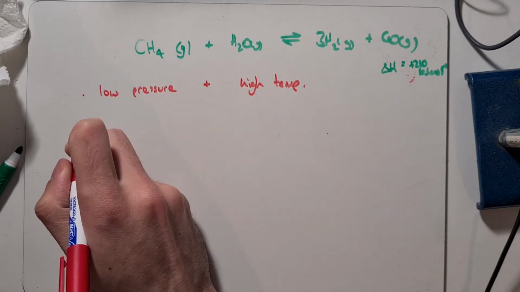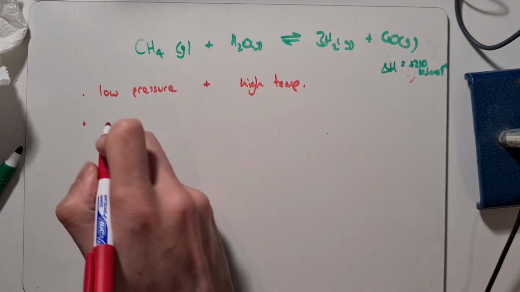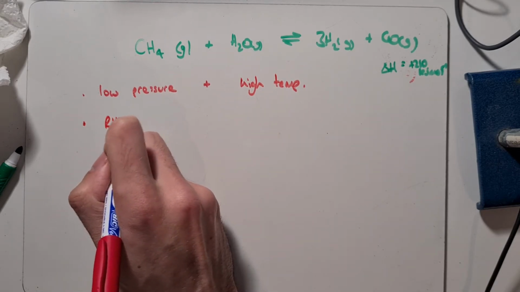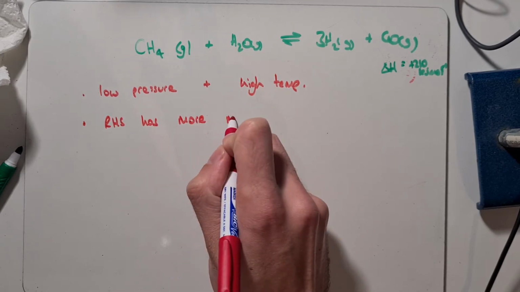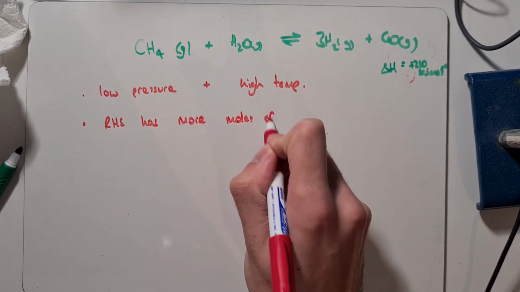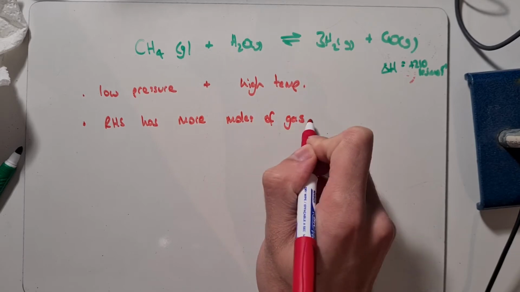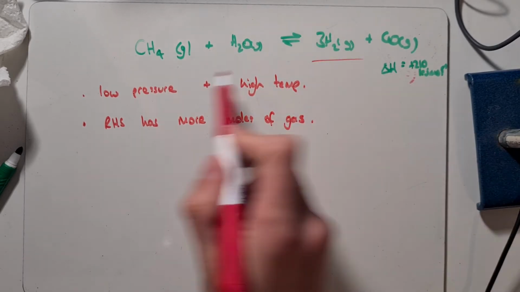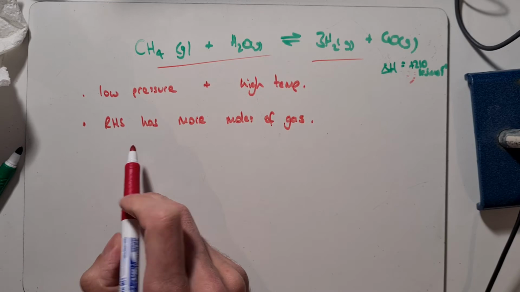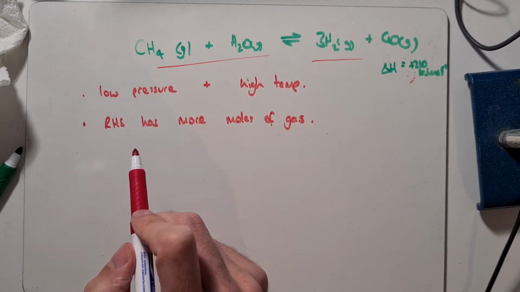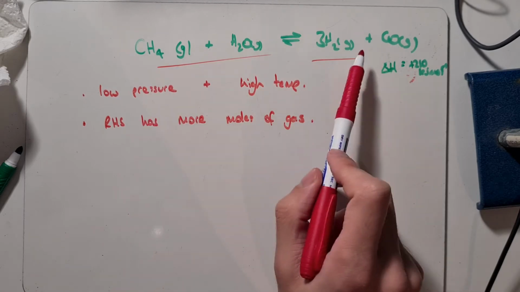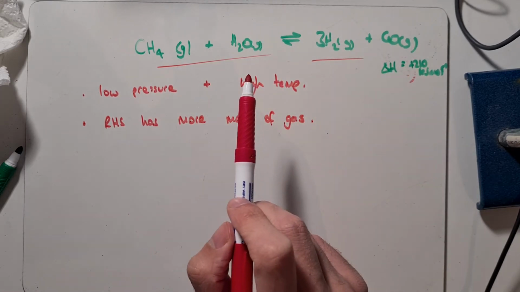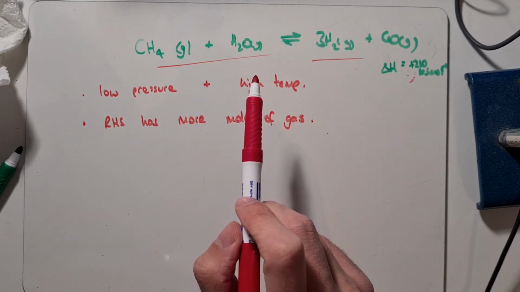So let's go through the pressure. The right hand side has more moles of gas. Four on the right hand side, only 2 on the left. So if we have low pressure, Le Chatelier's principle is going to work against that, and it's going to shift to the right and produce more of the gaseous compound on the right hand side.